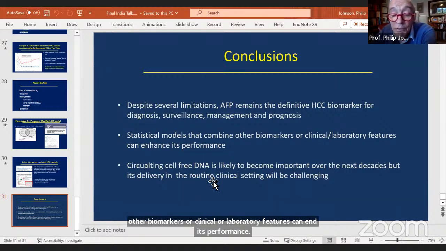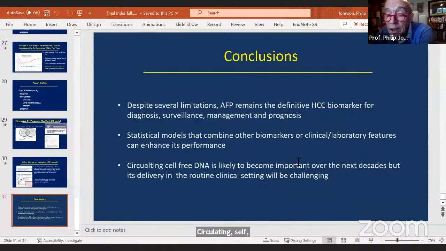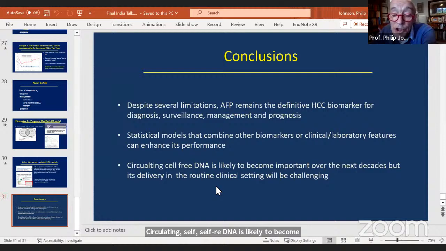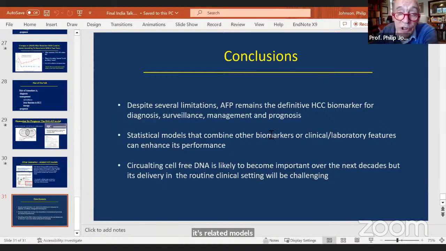Circulating cell-free DNA is likely to become important over the next decades, but its delivery in the routine clinical setting will be challenging. I hope I've given you an idea of the use of AFP and its related models in all aspects of HCC management. Thank you for your attention.